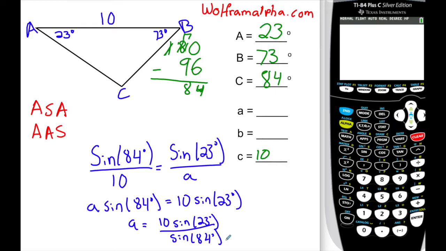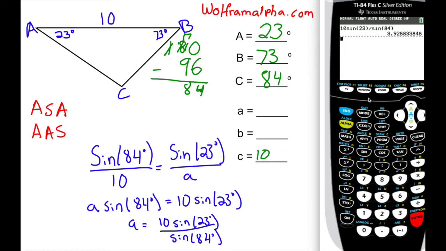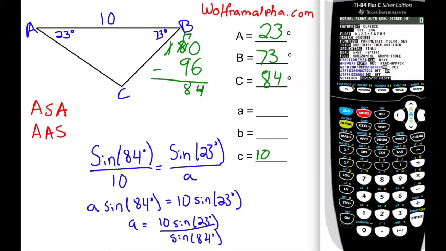How do we do this stuff when we don't have a right triangle anymore? And law of cosines, which we'll learn eventually, will be similar. So I'm going to do 10 times the sine of 23 over the sine of 84, okay? And I get 3.92. Just to make sure I'm right, let me make sure I'm in degree mode, which you can see I am.